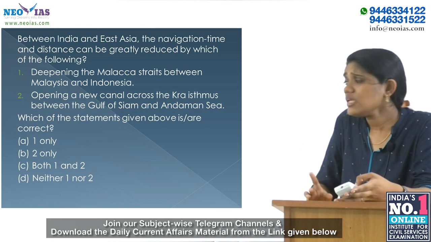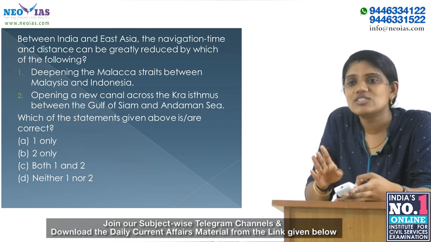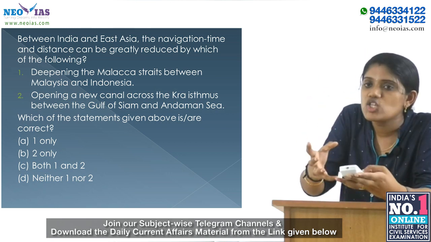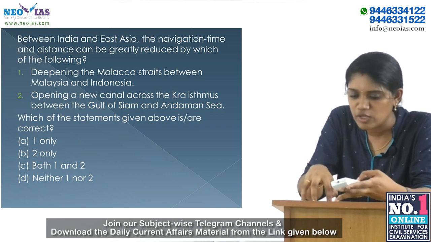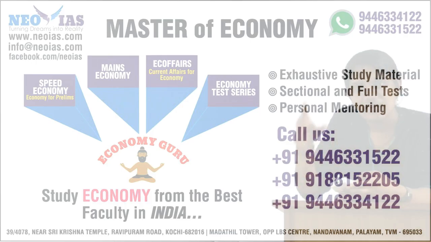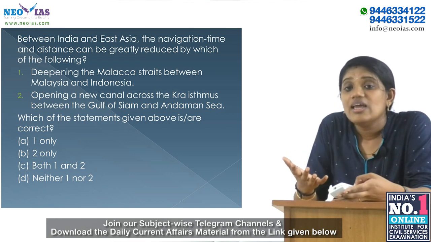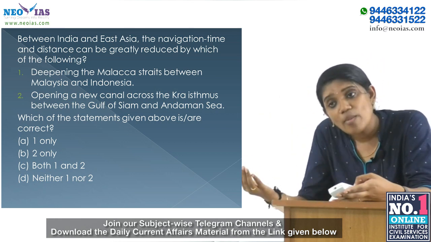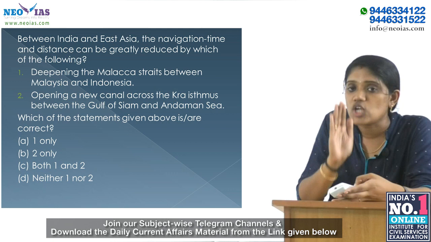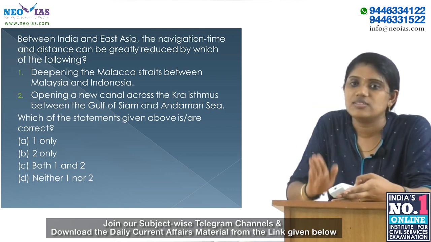That is, please note that the Malacca Strait is the main shipping channel between the Indian Ocean and the Pacific Ocean, and it links India, China, Japan and South Korea. Okay. So the issue of deepening of the Malacca Strait is linked to its economic importance rather than the time of navigation and distance.